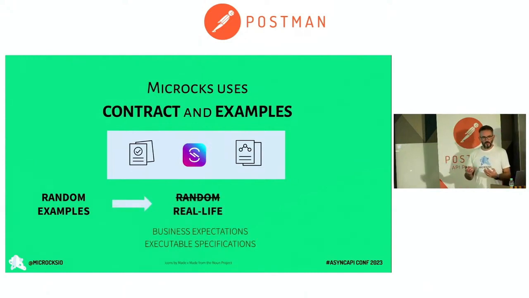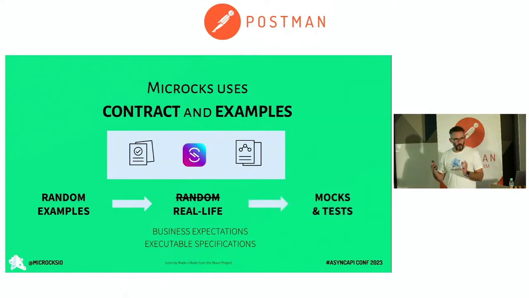We do think that examples are the best way to convey the real intent of your API, to make consumers sure they really understand the business expectations and the behavior of your API. And when they are carefully chosen, these examples can be transformed into executable specifications, executable datasets, and that's what we are using to provide mocks and also to generate test suites for later checking the conformance of your API implementation.